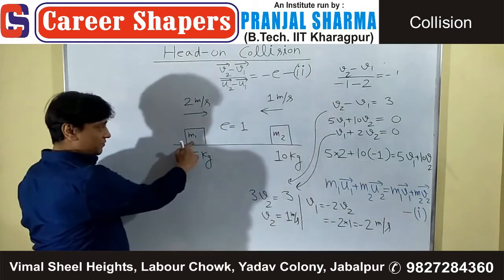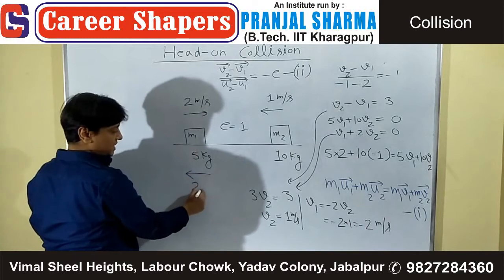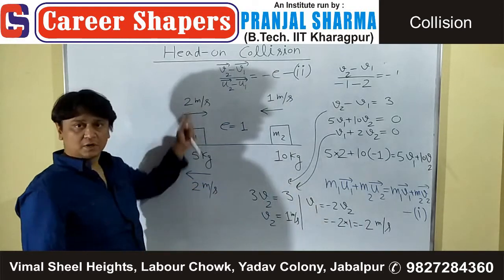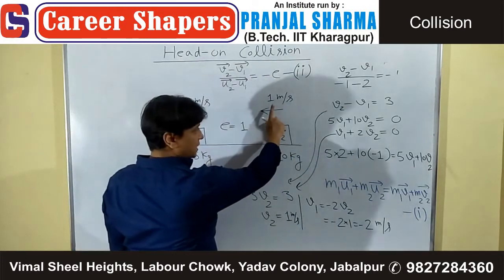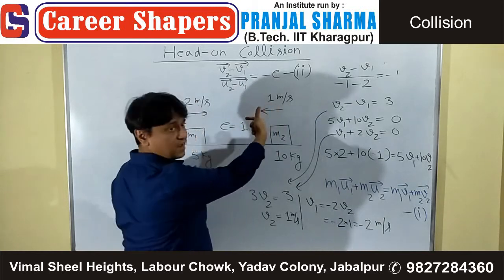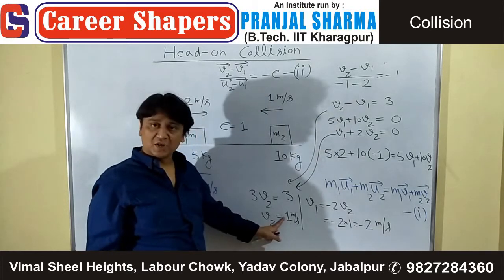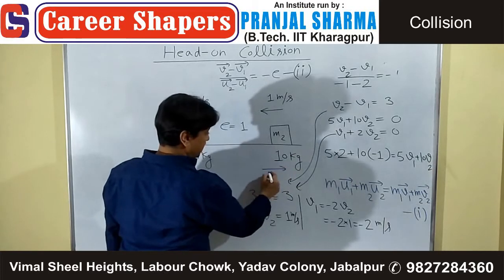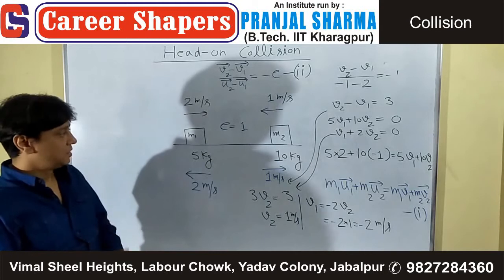That means after collision M1 is moving in the opposite direction with the same magnitude, 2 meters per second. Look at the 10 kg mass. Before collision it was moving with 1 to the left, but after collision it is plus 1, that means the right direction, with velocity 1 meter per second.